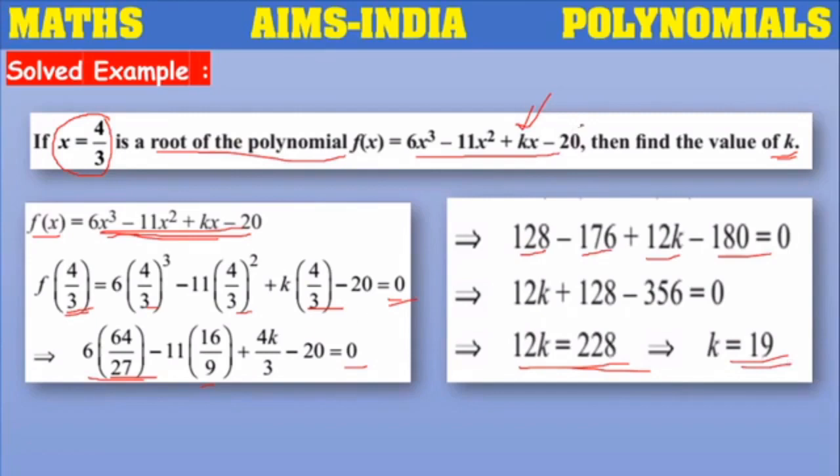Like that, for a given polynomial, if there is any unknown term and a zero is given, then with the help of the zero we can find that unknown term. You can come across these kinds of examples based on this topic.